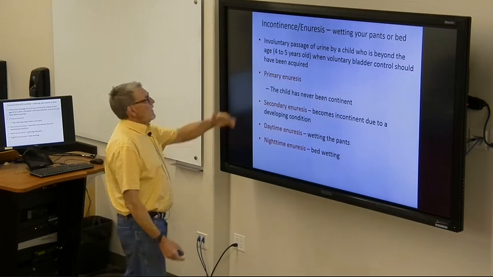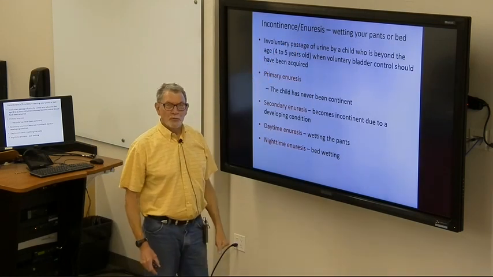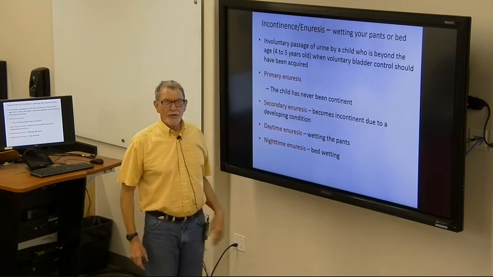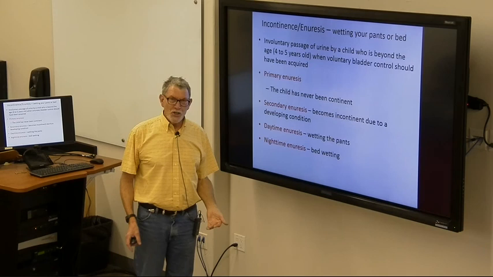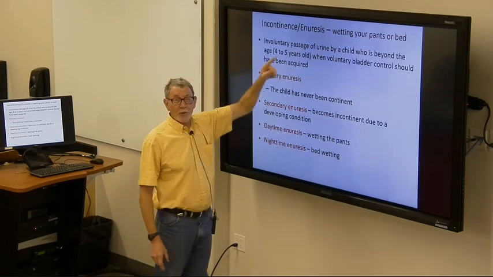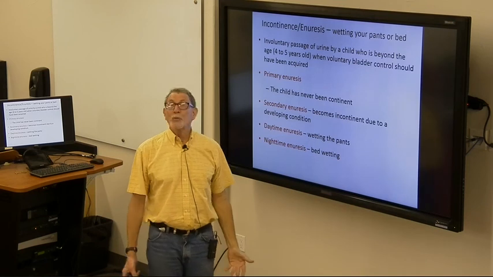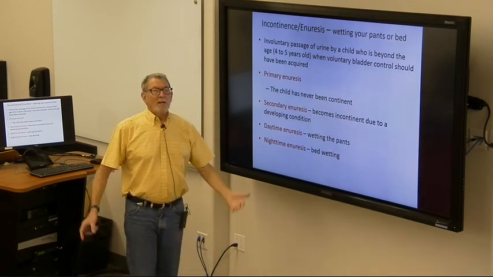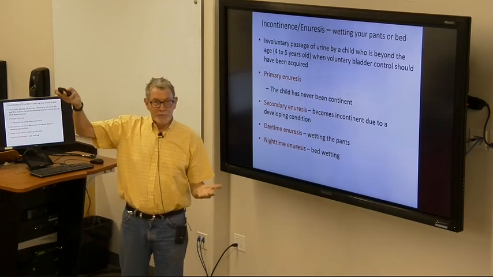And the term enuresis means peeing when you don't want to. Incontinence is another way of putting it. You can't control your urination, so therefore you suffer enuresis. You suffer the peeing when you don't want to. Now, really young people and really old people have this problem.